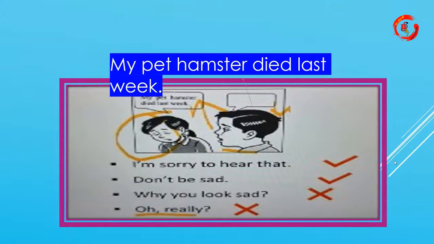When she is already saying that, you don't go and ask back why you look sad. That's wrong. Isn't it? The last one, oh, really? You don't question. Understand, students? So the best way to say is, I'm sorry to hear that, or you can say, don't be sad.